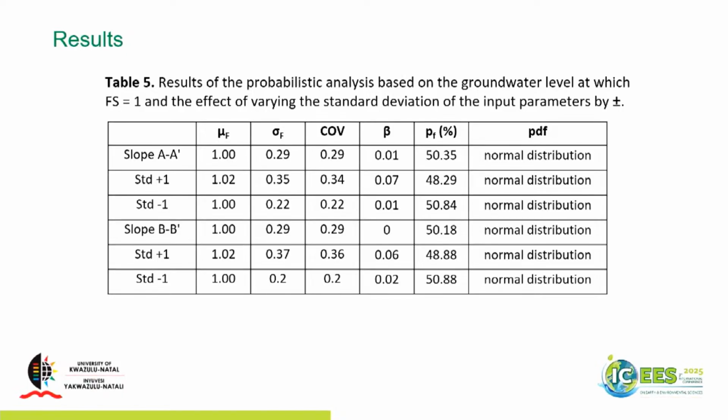And we also ran a probabilistic analysis based on the groundwater level at which the slope would fail, and we varied the standard deviation just to see how the slope would perform.